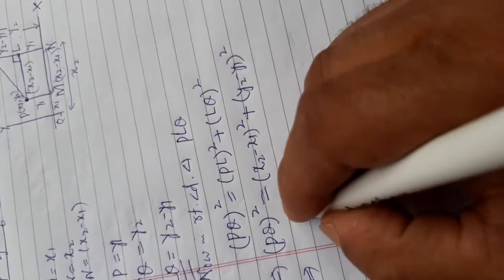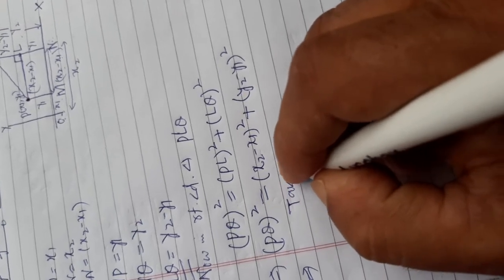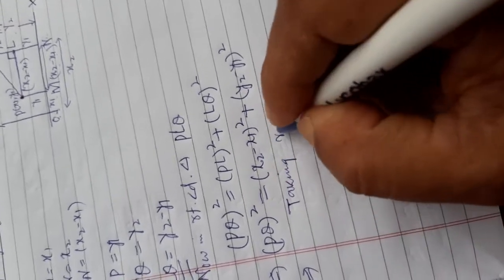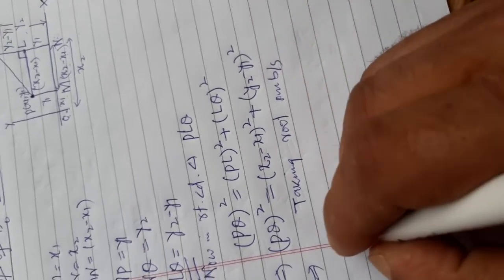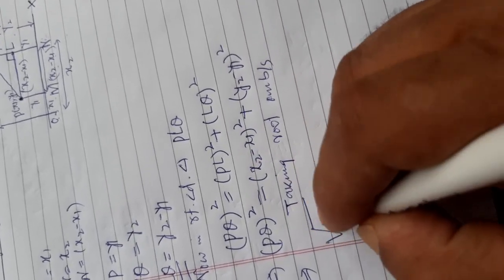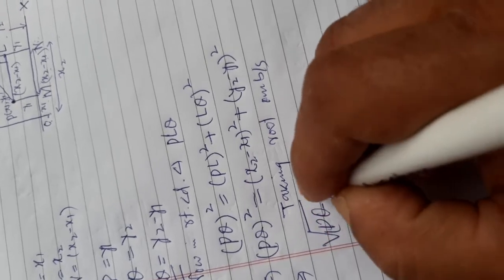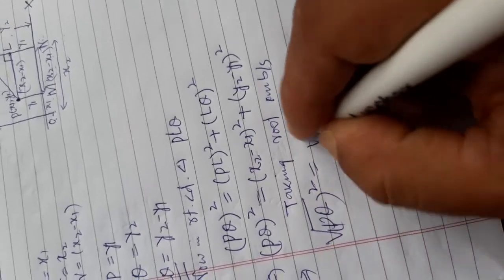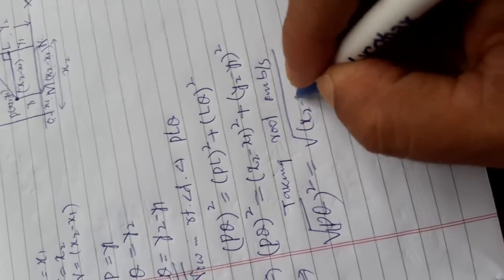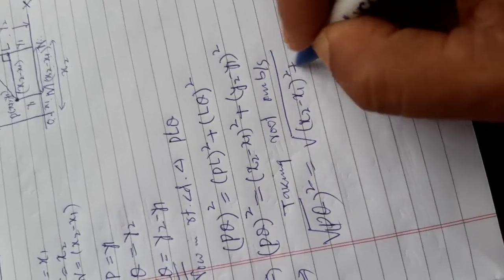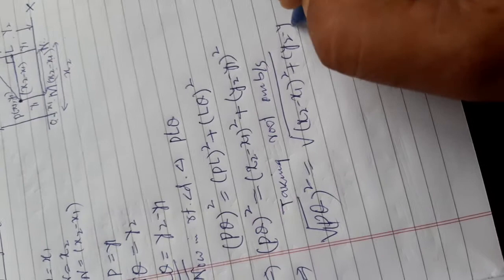So we will take root on both sides. Taking root on both sides, once we take root, we will get PQ on this side is equal to under root of (x2 minus x1) square plus (y2 minus y1) square.